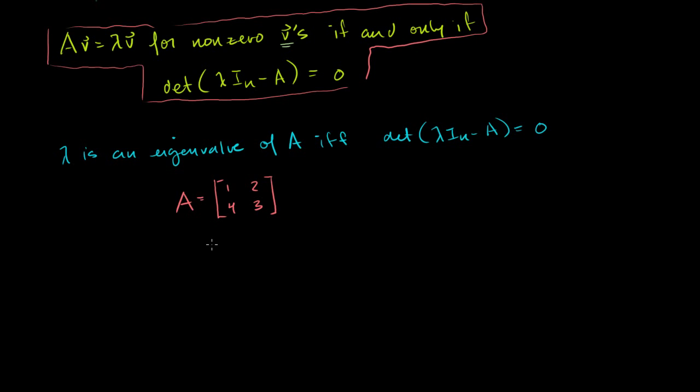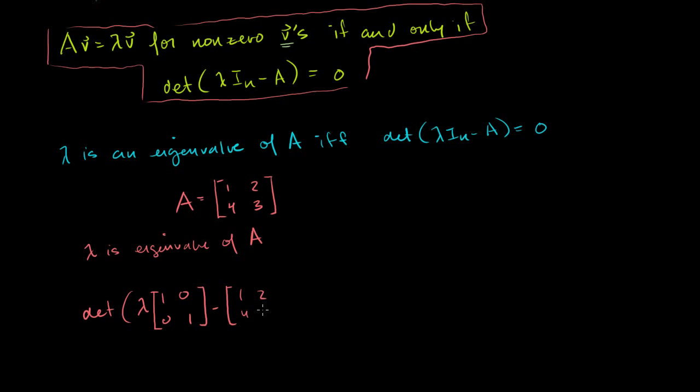And I want to find the eigenvalues of A. So if lambda is an eigenvalue of A, then this right here tells us that the determinant of lambda times the identity matrix in R2, so lambda times 1, 0, 0, 1, minus A, 1, 2, 4, 3, is going to be equal to 0.